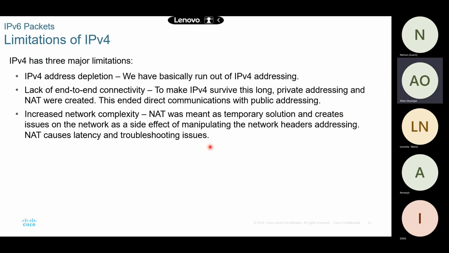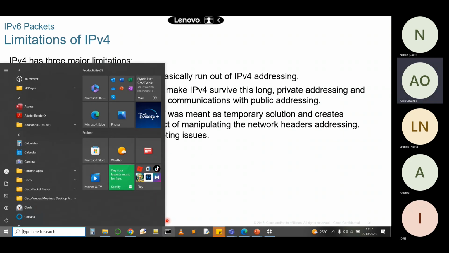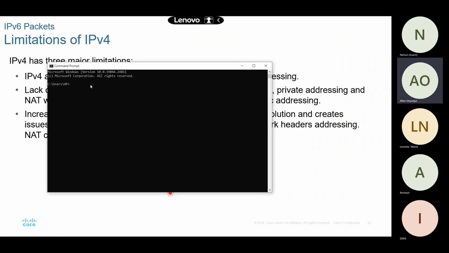Let me explain that to you guys so that you get to know. I'm going to open my command prompt here. And when I open my command prompt, I want to look at my IP address here.